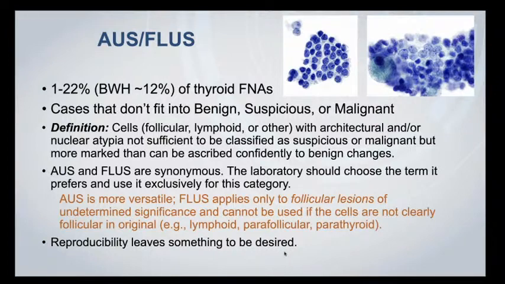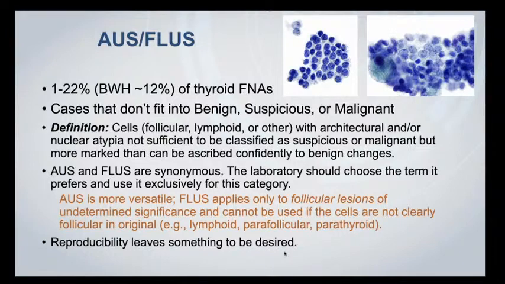I will confess some dirty laundry here. Our AUS rate in my laboratory is around 12%. We try as hard as we can to reduce that rate, but as you'll see in just a minute, we don't quite reach the benchmark that is recommended by the Bethesda system for this category.